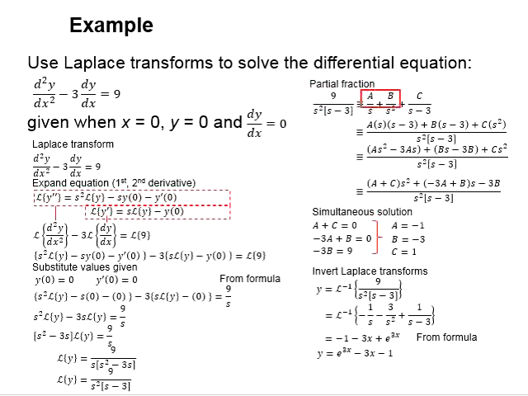The partial fractions have already been discussed in the previous chapters. First, you need to put the lower part of the fractions to be consistent so that you can merge the A, B, and C in a function. With that, the A needs to be multiplied with s squared and also s minus 3.